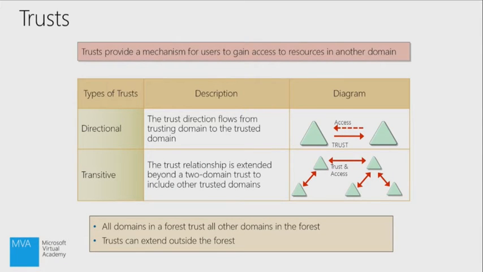Trusts, we've mentioned a couple of times. A trust provides a mechanism for users to gain access to resources in another domain. It's actually a pretty simple concept. If I'm in domain A, contoso.com, and I want to access resources in domain B, na.contoso.com, in theory, that may not be possible.